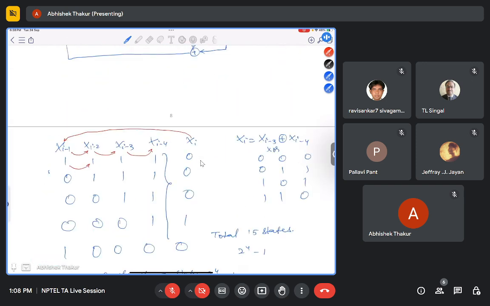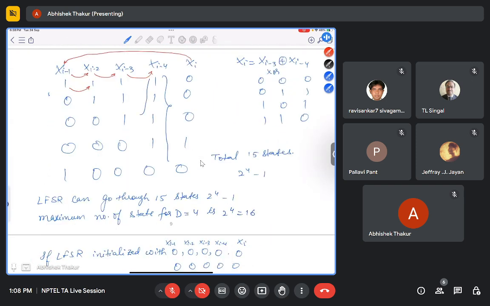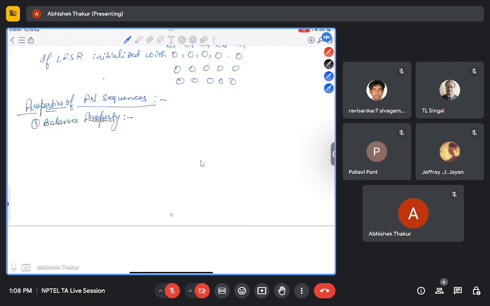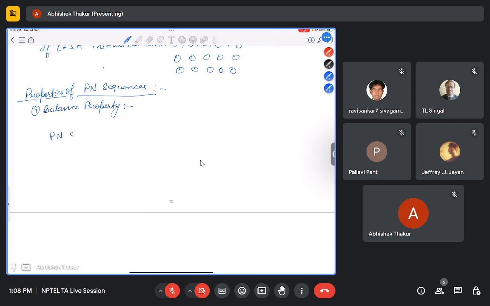If we generate this output, we will get the PN sequence 1 1 1 1 0 0 0 1 0 0 as taught in this lecture.